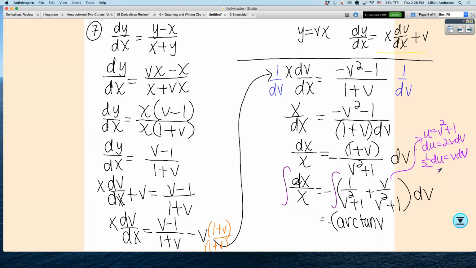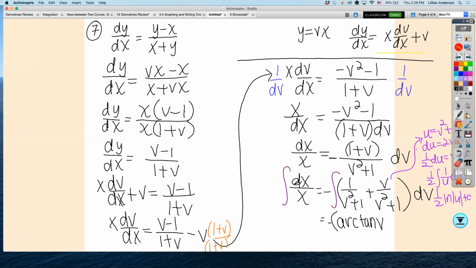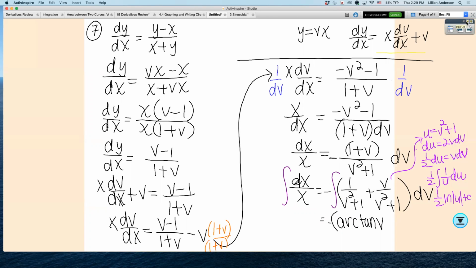So when we take the integral, this ends up being 1/2 times the integral of 1 over u du, which will end up being 1/2 ln u plus c. So that becomes plus 1/2 ln of v squared plus 1 plus c.